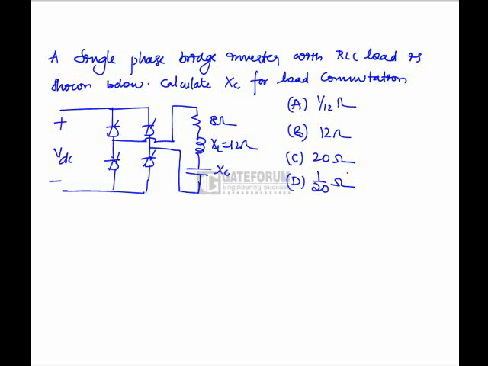This bridge inverter with RLC load is shown below. Calculate the value of Xc for load commutation. In an inverter, two types of commutation are possible: one is forced commutation, another one is load commutation.